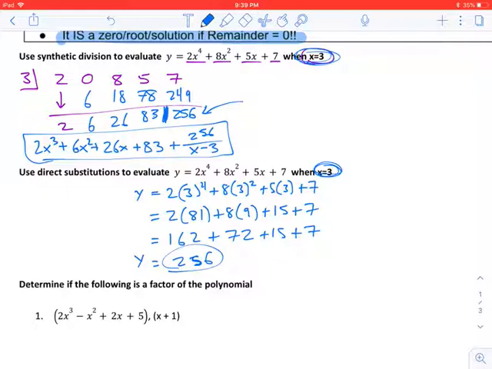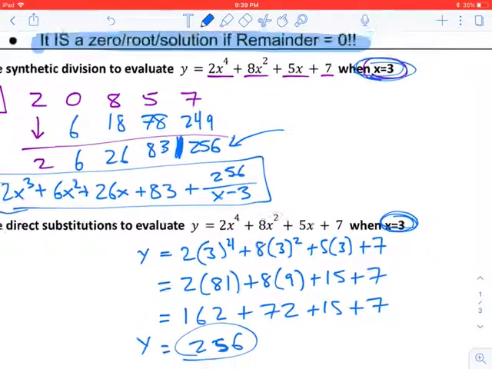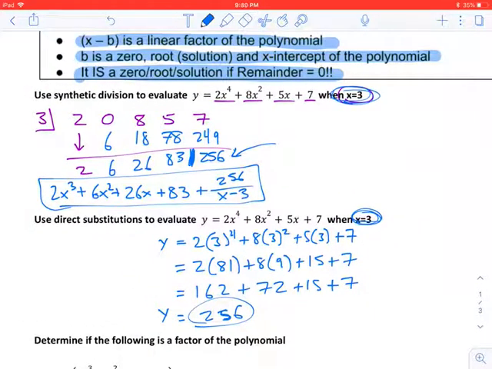But it didn't ask that. It just said to evaluate. So when you evaluate, you're really checking to see if this is a factor or not, or a 0. So since that was a non-zero number, that is not a factor or not a 0. Same thing here.